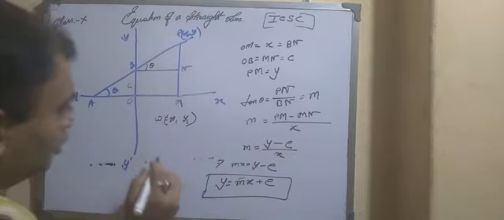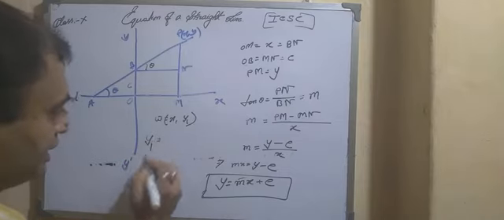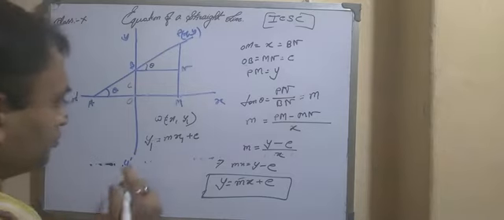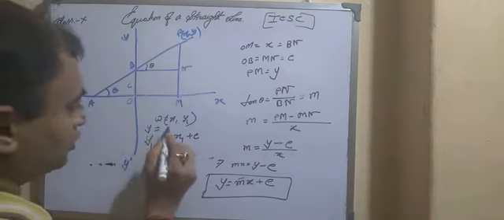So we may write y1 equals m x1 plus C. And this is the line y equals mx plus C. This is our equation.